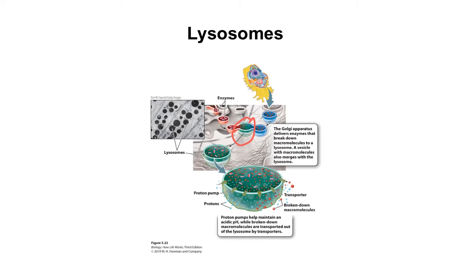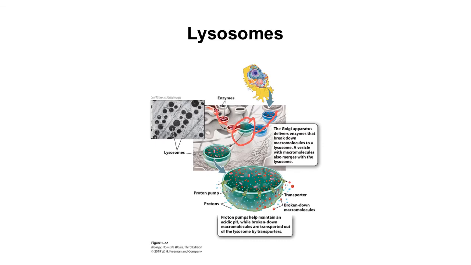And there are two important events that happen in this process. One is the emergence of a vesicle that carries large molecules from, let's say, an organelle or even from a Golgi apparatus, merging with the forming lysosome. And the second is the Golgi apparatus can also deliver enzymes that it processed to maturity.